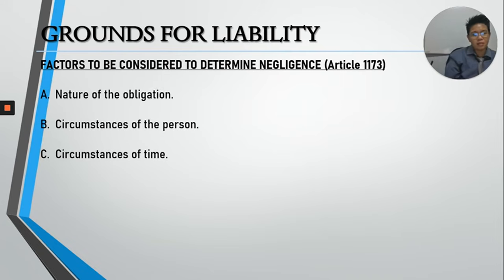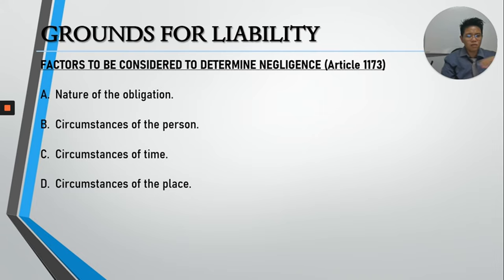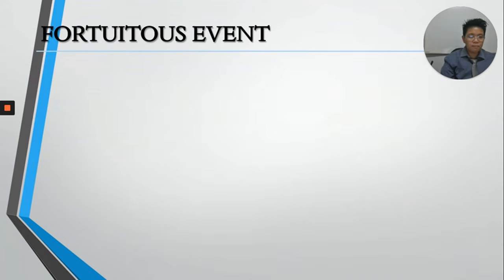So anyway, ano ba yan? So circumstances of the place, if you drive 100 kilometers per hour dyan sa along TSU yan, negligent yan. Pero mag-drive ka ng 100 sa SETEX, normal lang yun. So circumstances of the place. So remember, yun ang mga factors to determine whether or not a person is negligent.